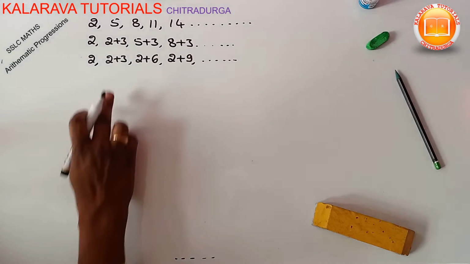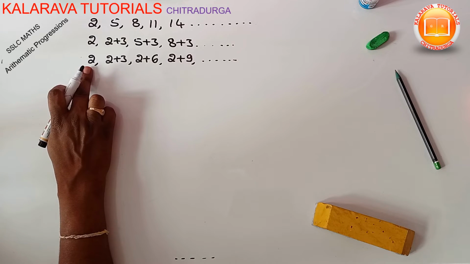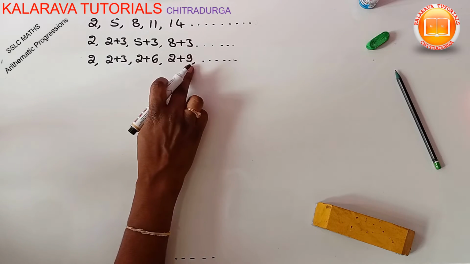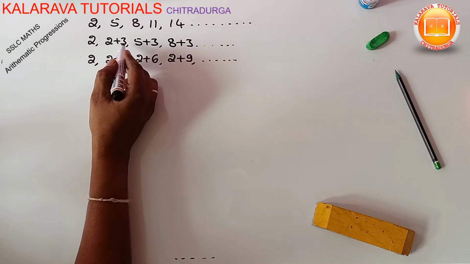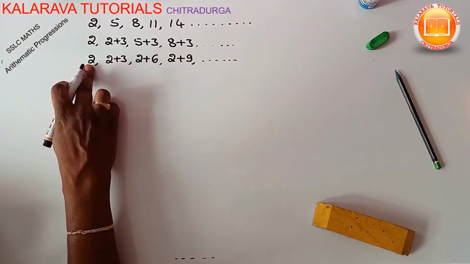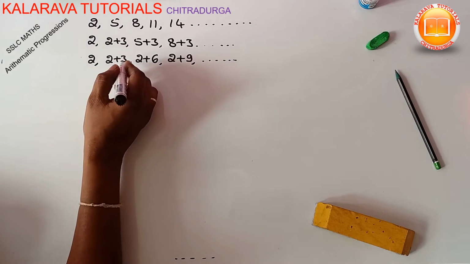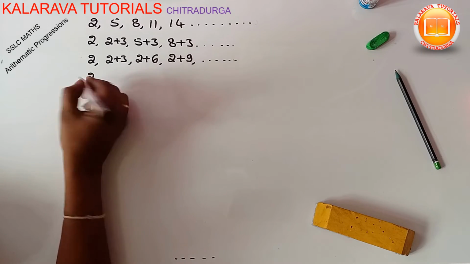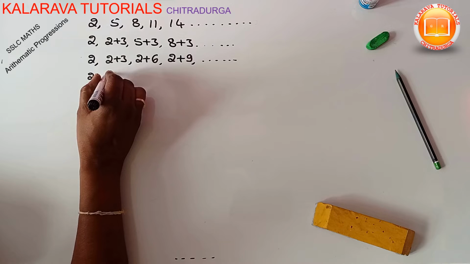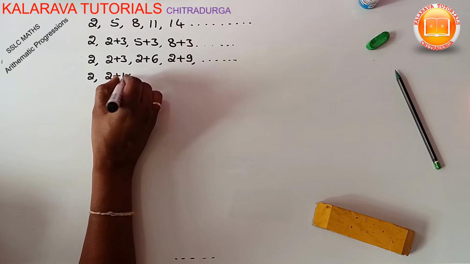Here you observe, for getting the next terms from the first term, we add multiples of the fixed number 3. For the first term we write 2. For the second term we add the fixed number 1 time.